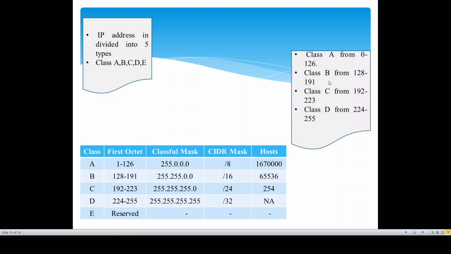For this you need to know that 255 will be called the network address, and the balance zeros, 3 zeros or 2 zeros or 1 zero, are called the host address. Later on I will be discussing it. The last one, class E, will be reserved for research purposes.